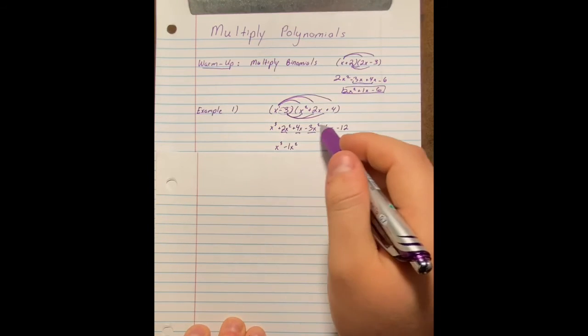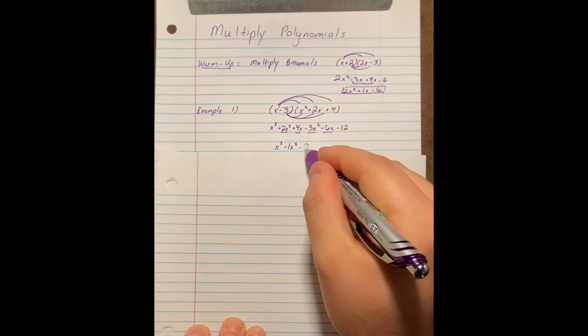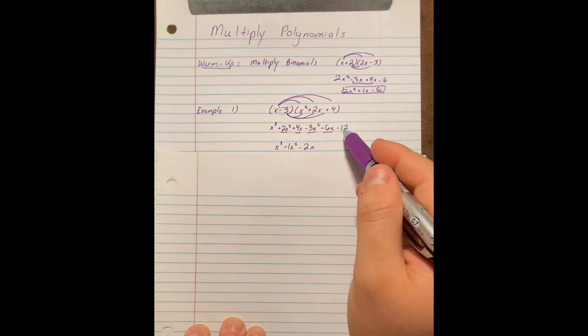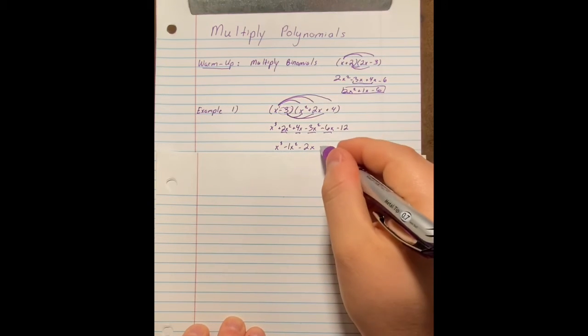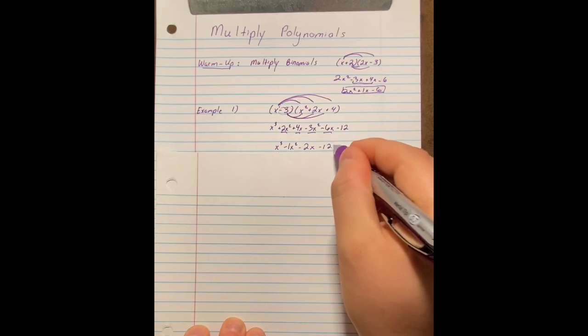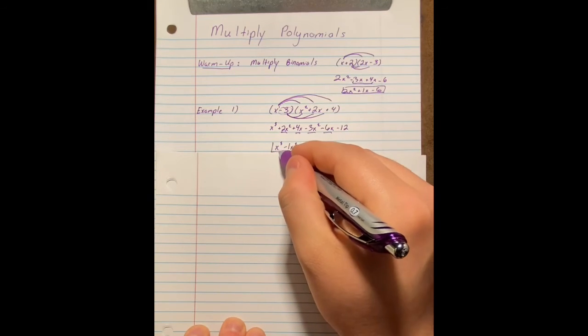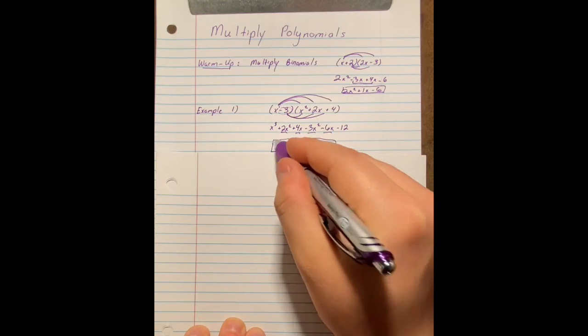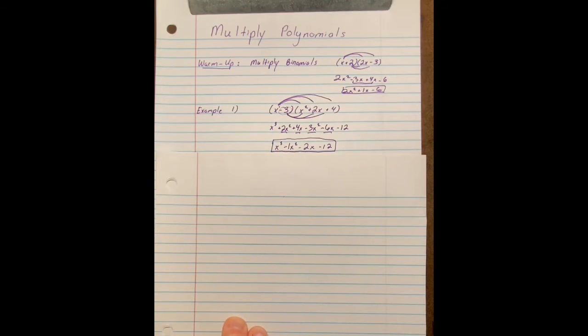So if I do 4 minus 6, that should be negative 2x. And then the only term we haven't used yet is this minus 12. It doesn't have a like term, so we're just going to bring it straight down. So our answer this time is x to the third power minus 1x squared minus 2x minus 12.